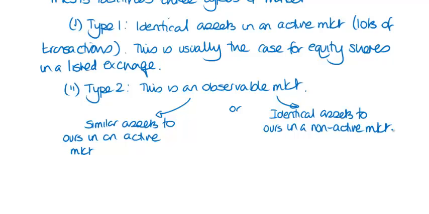So here perhaps we could be looking at shares in a private company. There's not many transactions taking place, but we've got identical assets. Or we could have a similar company to ours whose shares are being traded on an active market. It's not as desirable, is it? It's not as accurate. It doesn't give us as much comfort as a Type 1 market.